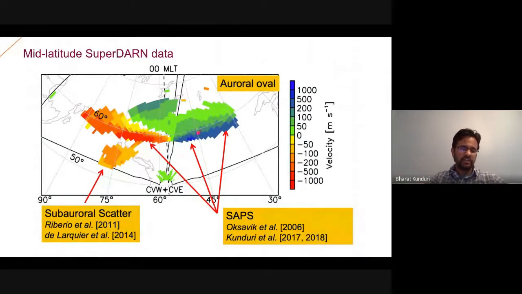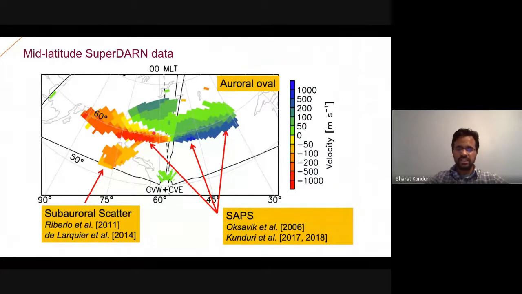So an eastward-looking radar is measuring velocities towards the radar, and the westward-looking radar is measuring negative line-of-sight velocities directed away from the radar. This is consistent with the general flow direction, which is westwards. So in summary, these 2 radars are making high-velocity measurements, exceeding 1 kilometer per second, of plasma flows in the subauroral ionosphere that are directed westwards, pretty much consistent with SAPS.